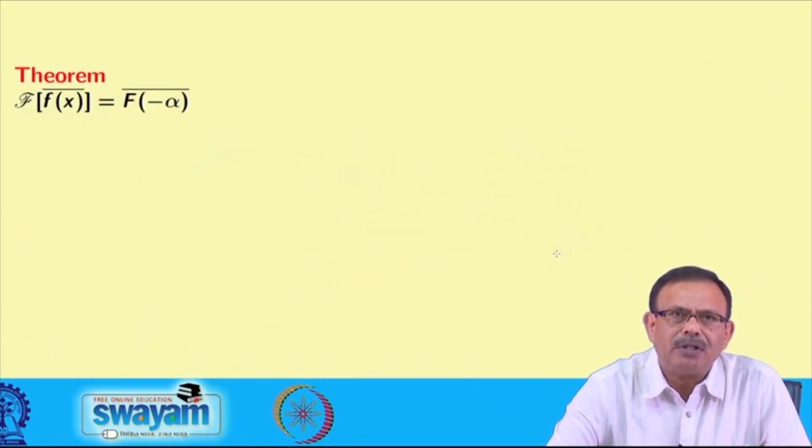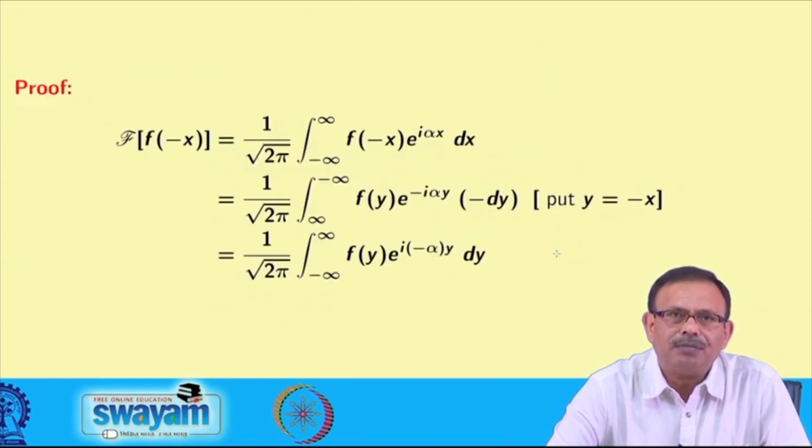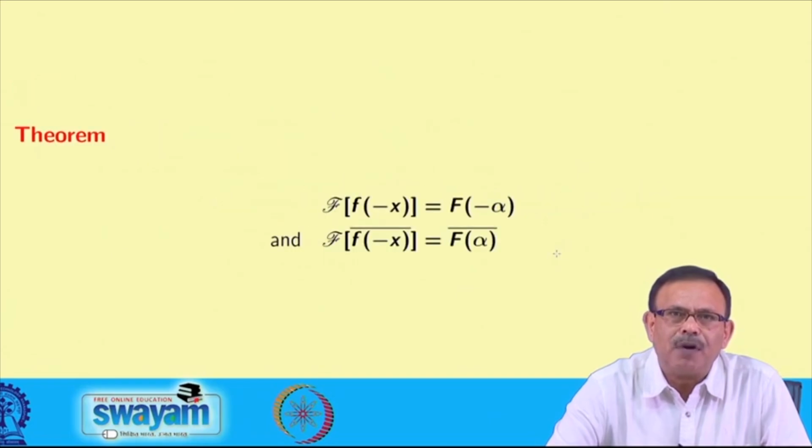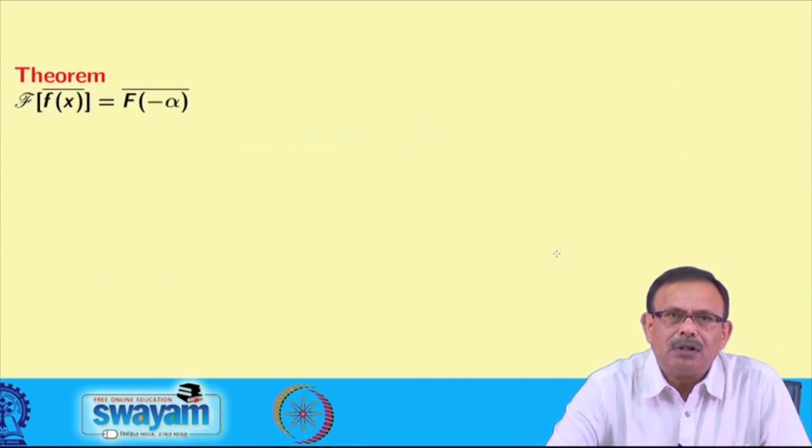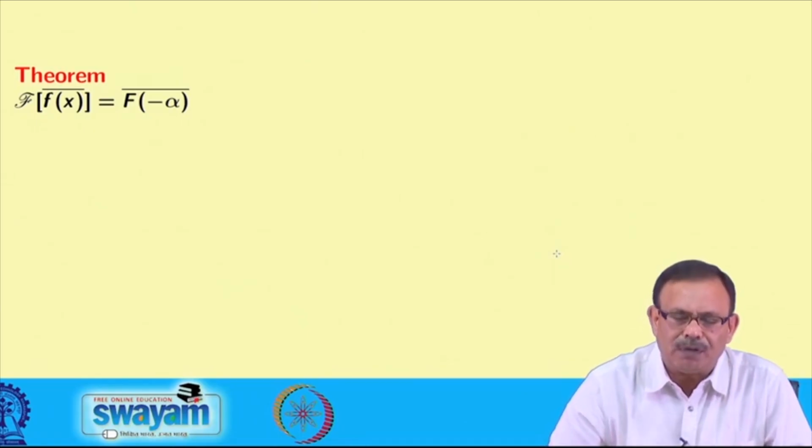Now, the next theorem is: Fourier transform of f of x bar equals capital F of minus alpha bar. Please note this thing. If you see the earlier theorem, f of minus x gives F of minus alpha, and f of minus x bar equals capital F of alpha bar. Whereas for this one, the Fourier transform of f of x bar equals capital F of minus alpha bar.